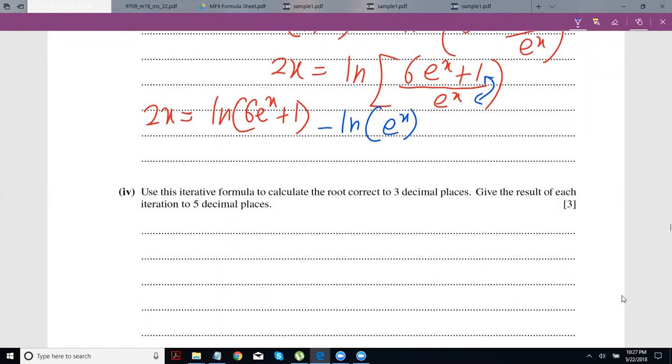So if these two things are dividing, then I can write the numerator minus ln of the denominator. That gives me 2x equals ln(6e^x + 1), which is very similar to what I want. I can simply write this as minus x. The reason is that it was ln e^x, x can go here, and ln e just gets cancelled out to 1. And the minus sign was there, so I can simply write this as minus x.